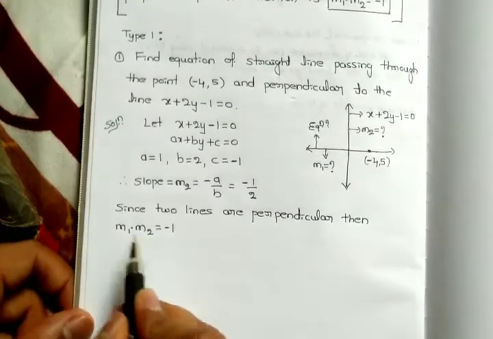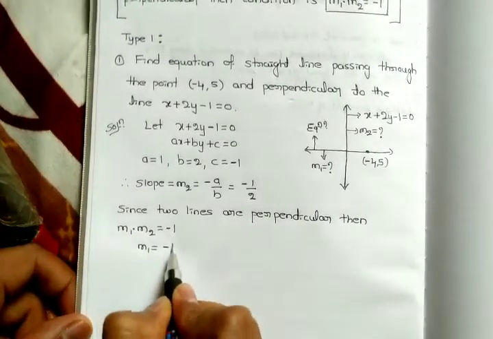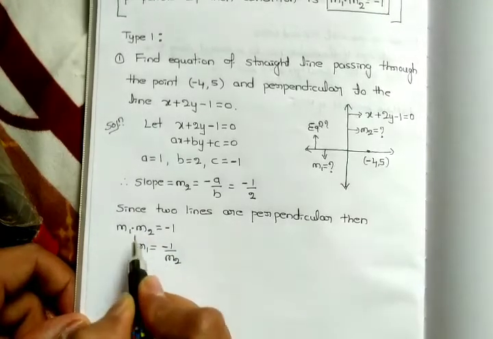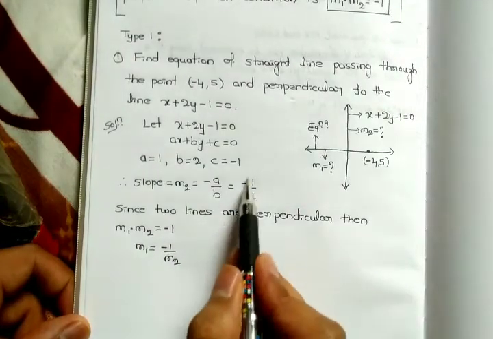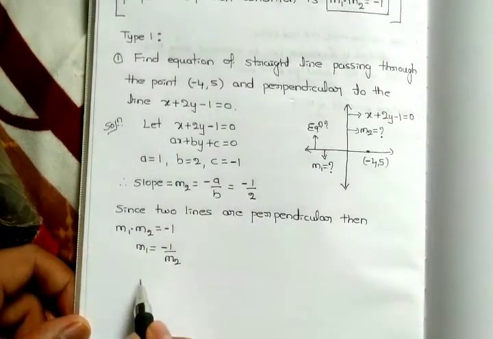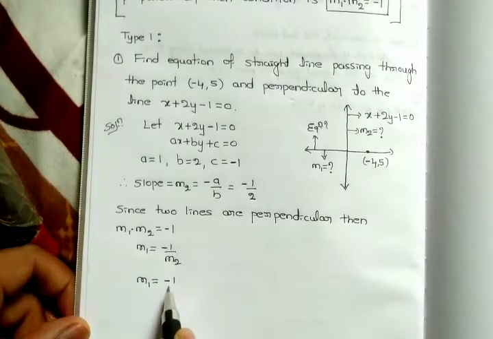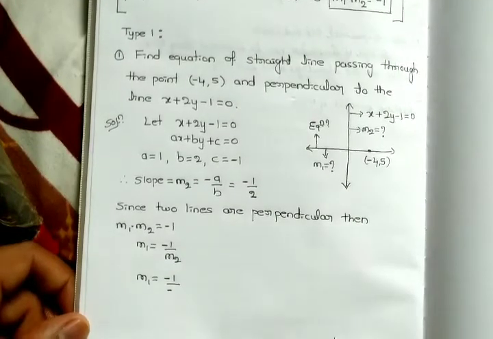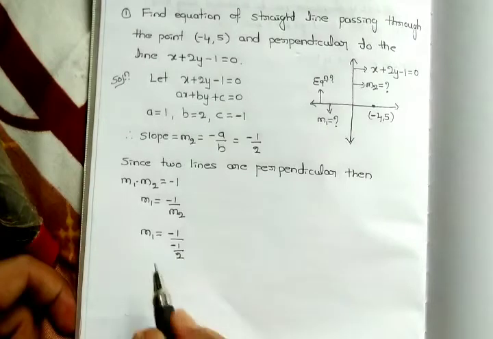Here you need m1. Therefore m1 is equal to -1 divided by m2, since m2 comes in the denominator because of the multiplication sign. Already you know the m2 value, so substitute. Therefore m1 is equal to -1 divided by (-1 divided by 2).